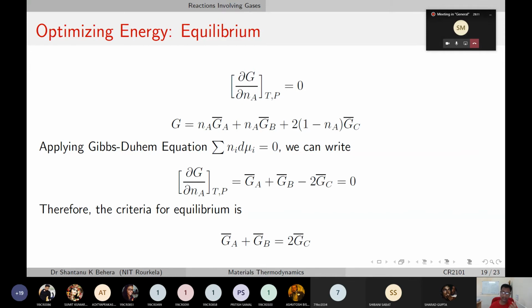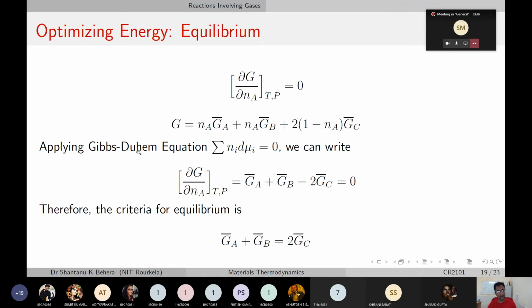We find out the total free energy, and we differentiate that with respect to the number of moles of any component and equate that to 0. And this G, as you know, is Na Ga bar plus Nb Gb bar plus 2 into the number of moles of Gc times Gc bar, and these are the partial molar free energies in the mixed state.